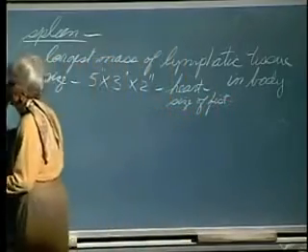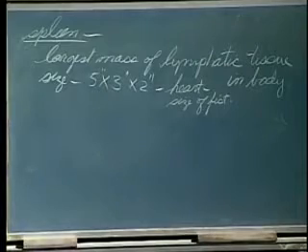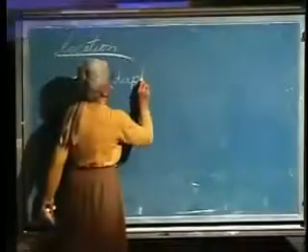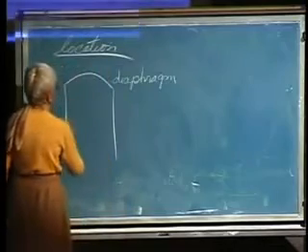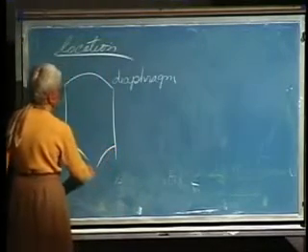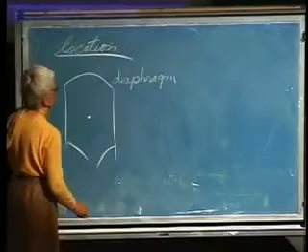Now, where is the spleen? It's in the upper left abdominal quadrant. What do we mean by that? Location. Let's put in our diaphragm, our abdominal walls, our inguinal ligaments, and our umbilicus.